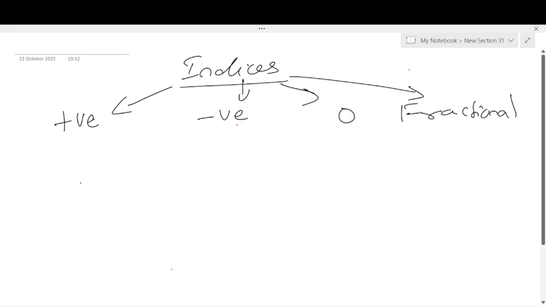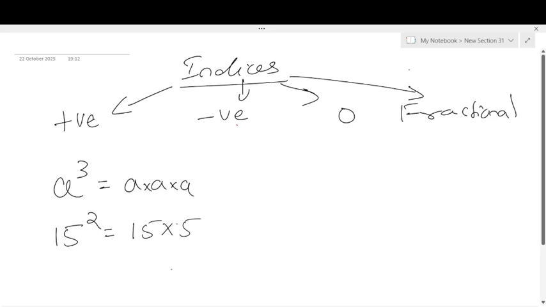Okay. So first positive, a to the power of 3. What's the meaning of a to the power of 3? How many times a is multiplied? 3 times. 15 to the power of 2. What's the answer? How many times is 15 multiplied? 15 into 15.